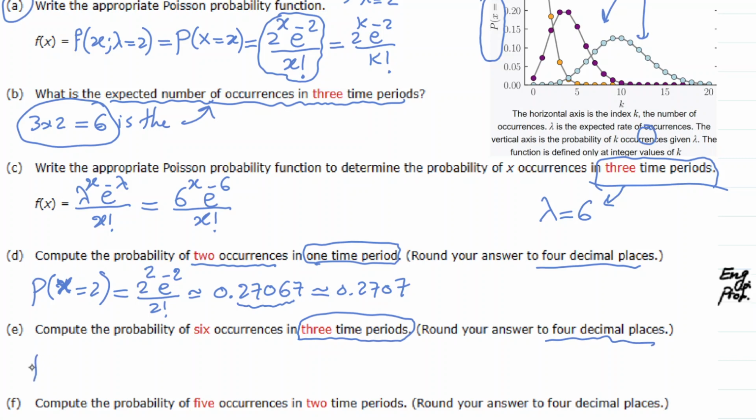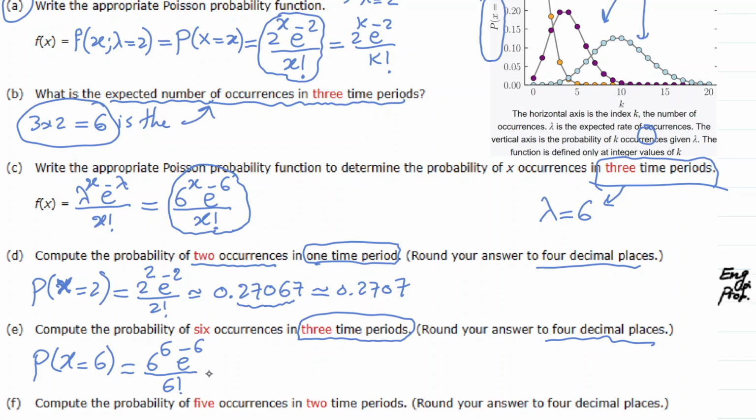In this scenario, what is the probability that x is equal to 6? We have to use the formula we found in part C. So now we are substituting x with 6: 6 to the 6, e to the negative 6, divided by 6 factorial.